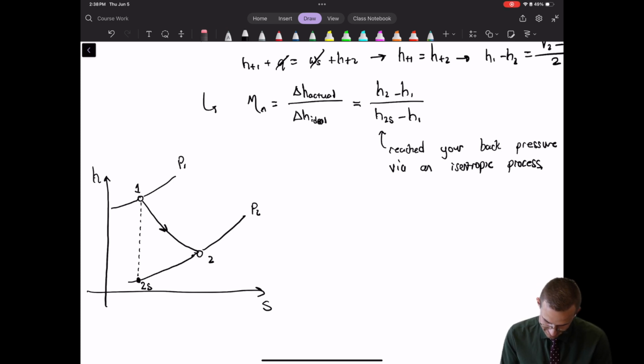Okay, and you can see that the enthalpy value for the state 2S is larger. This is H2S, and this is H2.